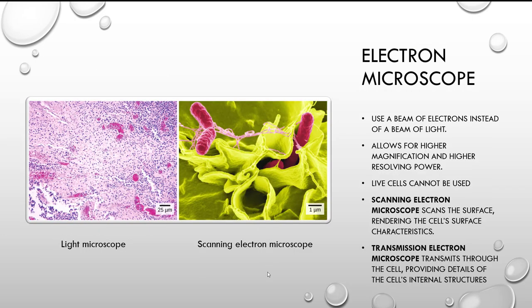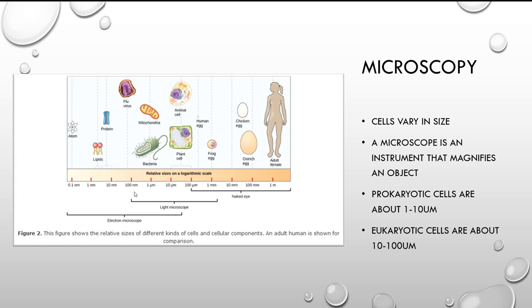All right. Now the other type of classification of microscope is the electron microscope. These are a lot different because they use beams of electrons instead of a beam of light. And because of that, they allow for much higher magnification. So remember, if I go back, we have light microscopes. This slide shows that they can go from 100 nanometers to 1 millimeter. With electron microscopes, we're going way over to 0.1 nanometers to 10 micrometers.